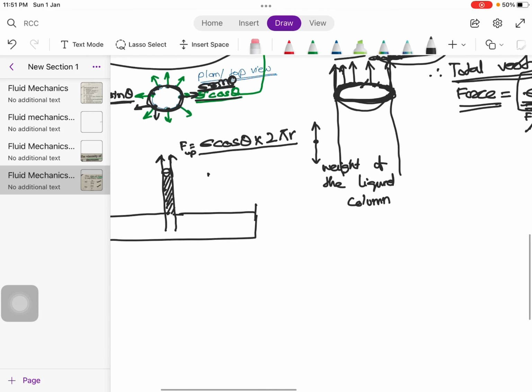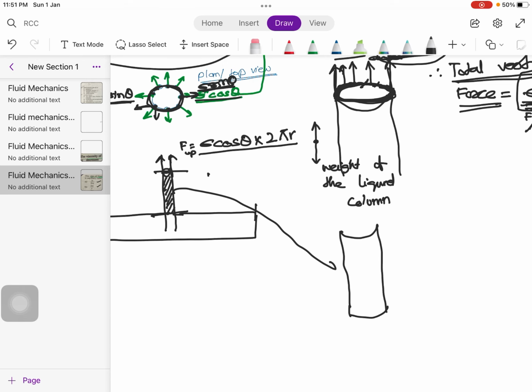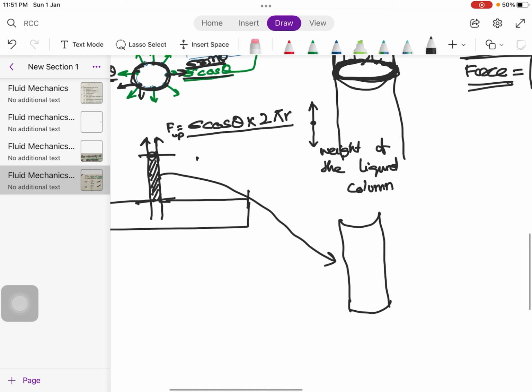So the weight of this liquid column, let us focus on this liquid column. I'm zooming in on this liquid column. It is a cylindrical column.